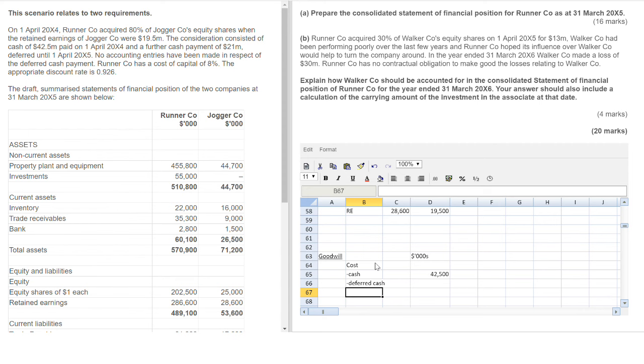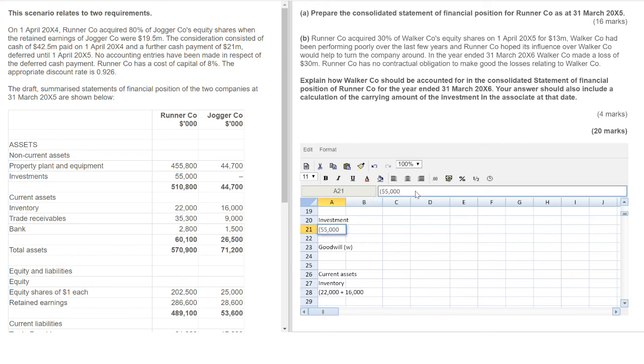Okay. But let's just note, it does say within the question, no accounting entries have been made in respect of the deferred cash payment. So that must then mean, mustn't it, that an entry has been made for the 42.5 million. So what that then means is that we need to eliminate that investment that the parent has within the subsidiary.